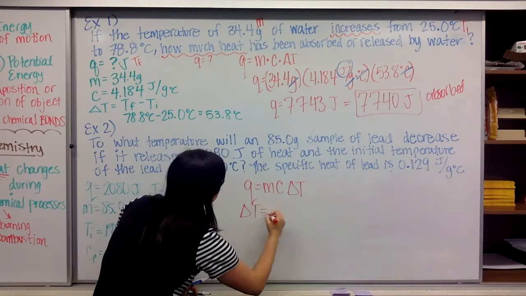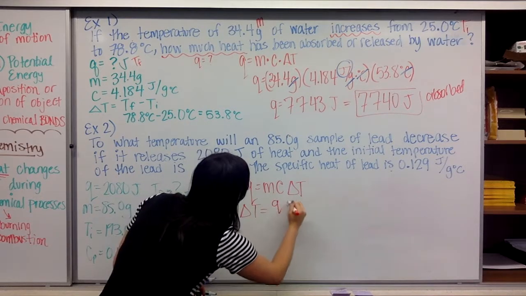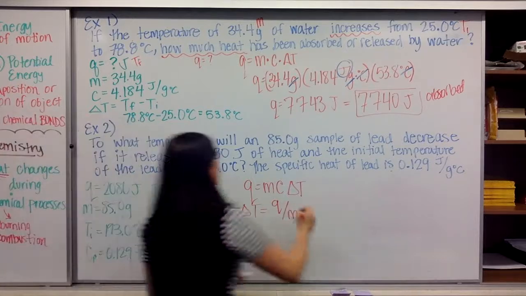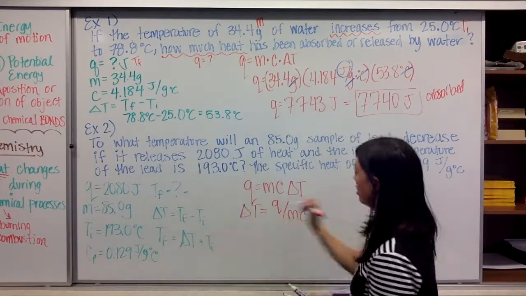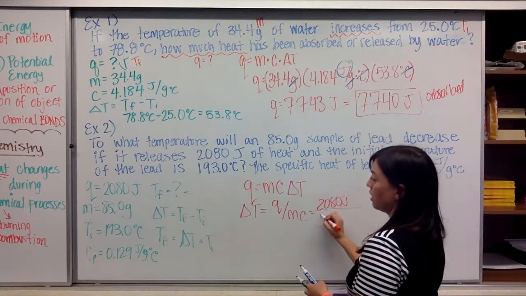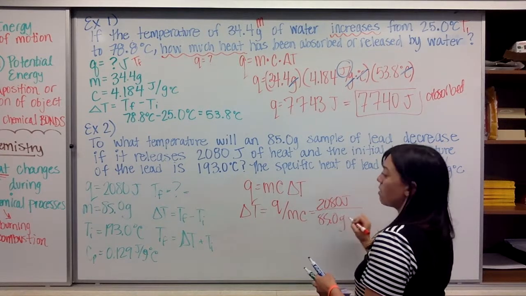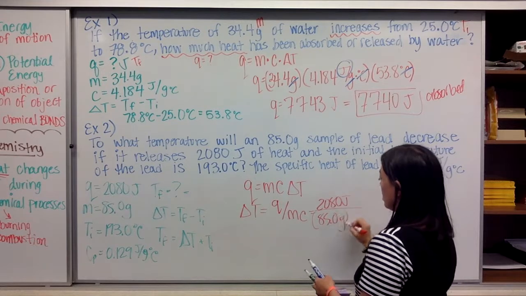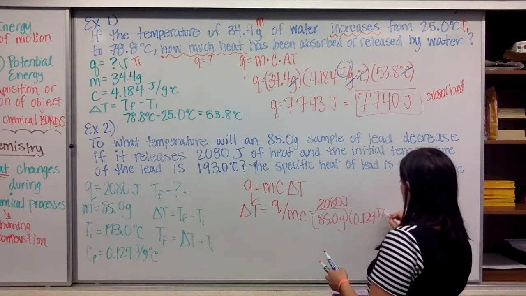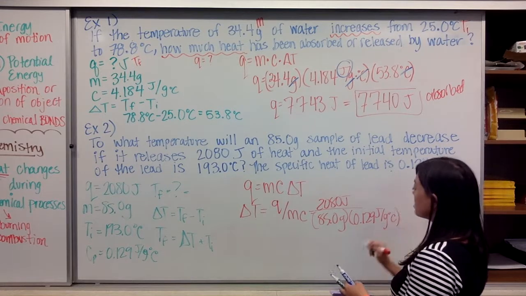So I'm going to say delta T is equal to Q divided by M times C. That is actually equal to 2080 joules divided by 85.0 grams times the 0.129 joules per gram degree Celsius.